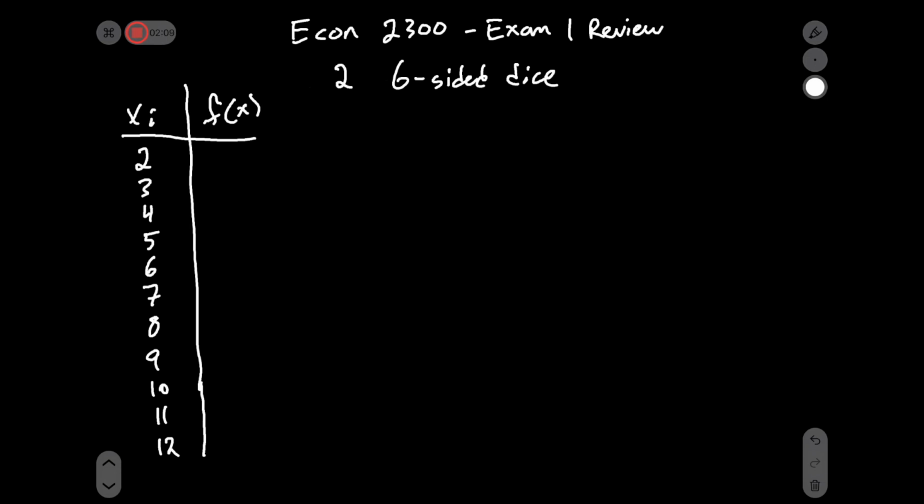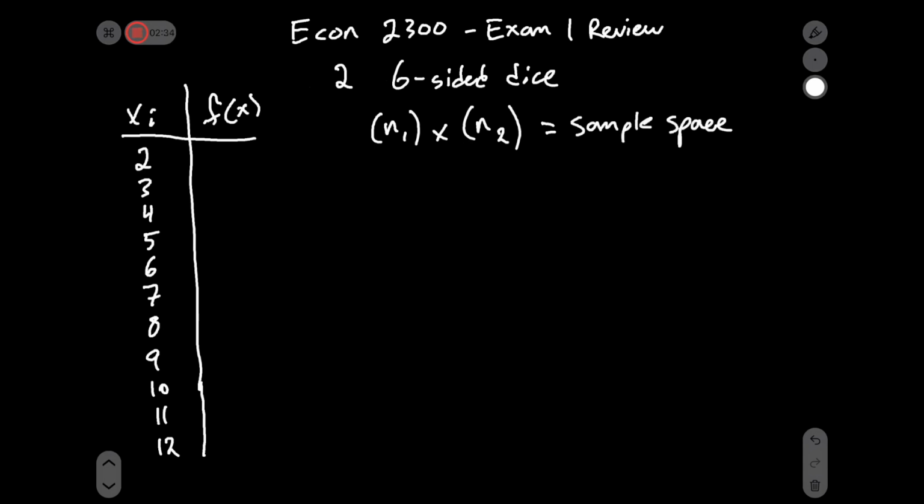So we can use the counting rule here, in which we have, let's say, N1, which is the number of outcomes that are possible with our first event. That's the first die that we're rolling. And multiplied by the second, N2. And this will give us our total sample space.